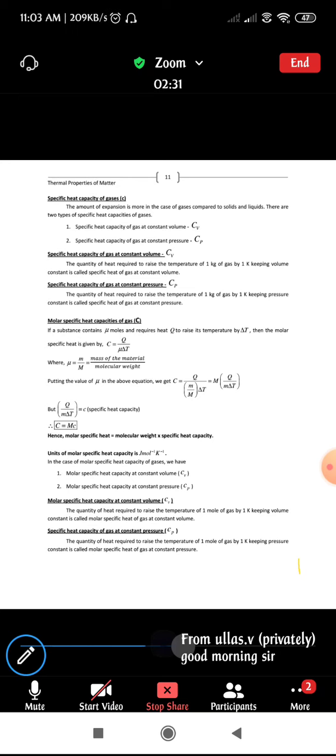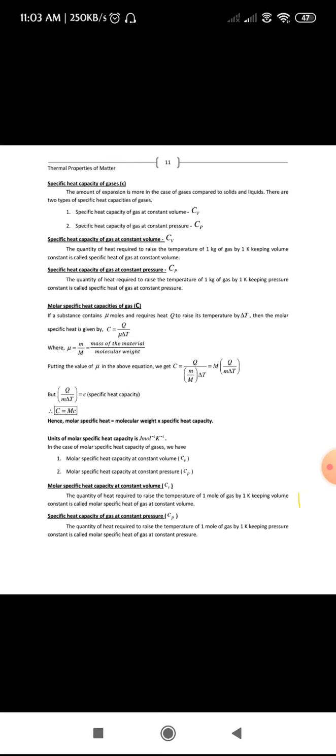So, you can see there, if a substance contains mu moles and it requires a heat of Q to raise its temperature by delta T, we call that the molar specific heat, which is given by C is equal to Q divided by mu delta T. So moles is nothing but the mass of the material divided by molecular weight, right?